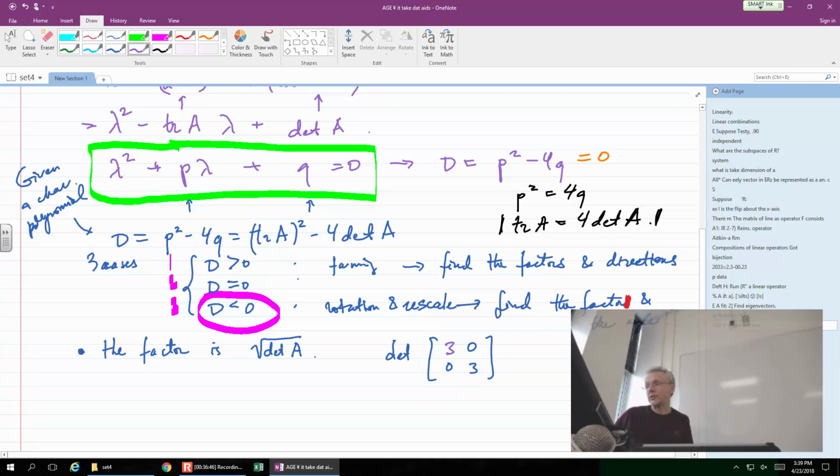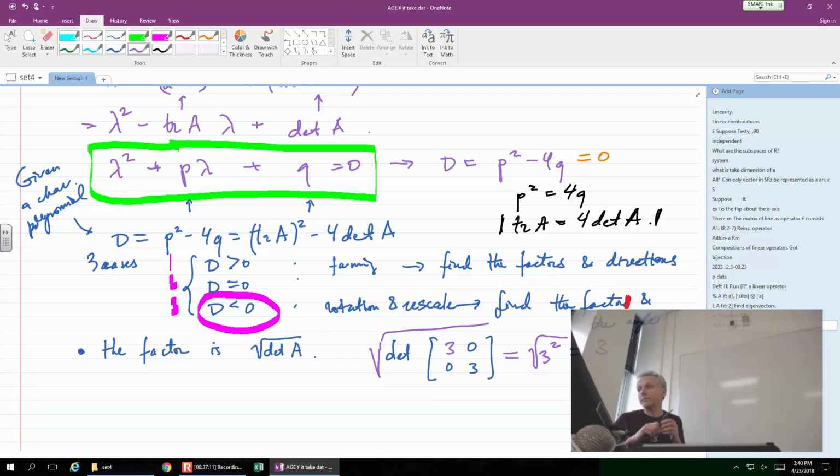What does this matrix do? Right, so it is uniform stretch by 3, so if we compute the determinant, it will be 3 squared, and if we have also the square root there, we'll have 3. Okay, so that works out, right, as you think.